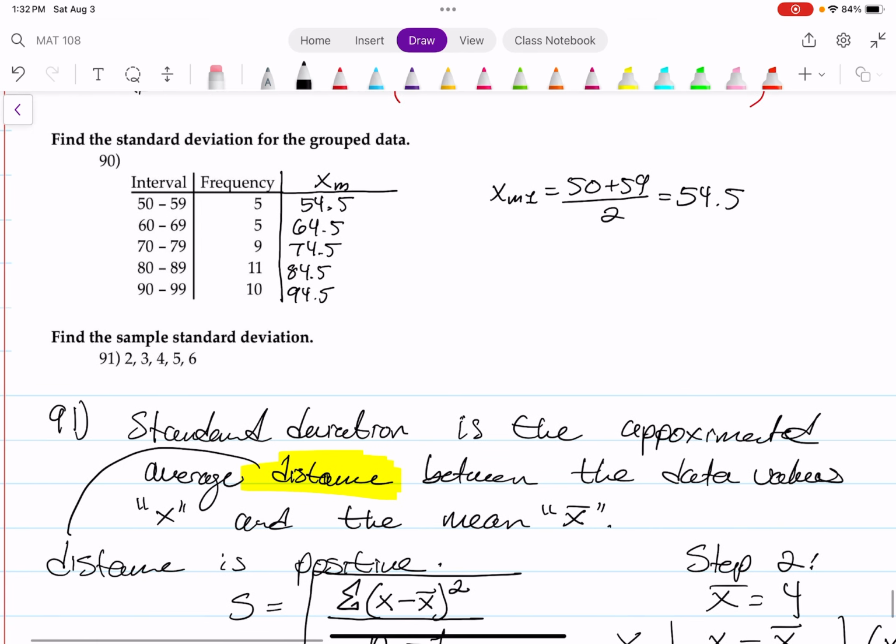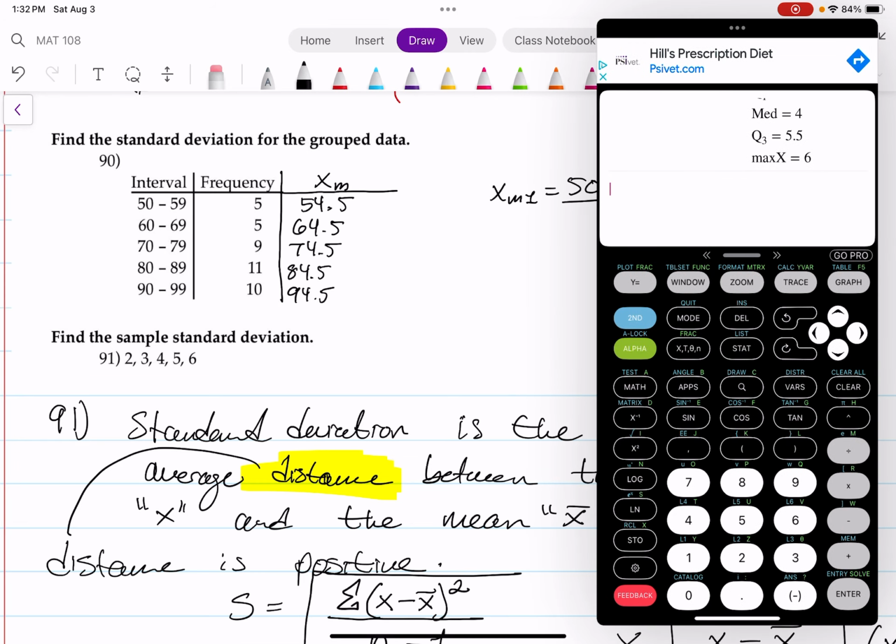And now we're going to use our calculator again, and we're going to compute the standard deviation. Let's go to edit. Let's clear out our list 1. So you're going to hit clear. So let's put in some data values. The midpoints should go into the list 1, L1.